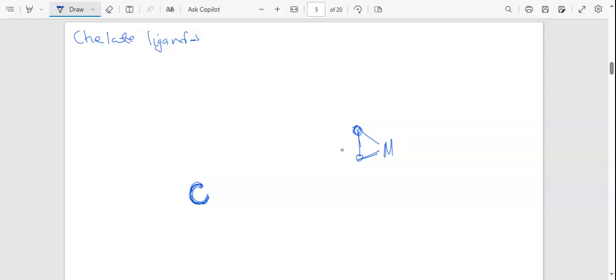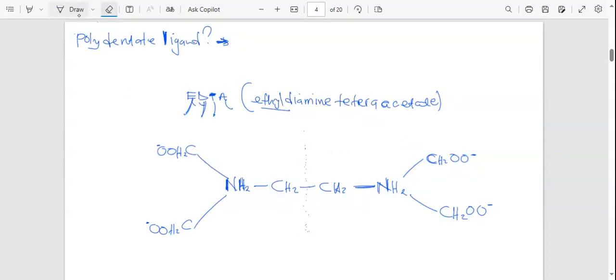Again, for polydentate, by the way, let me just take you back to the polydentate ligand. Here, these are the donor atoms. There are several of them. They all want to bind to the central metal atom. So we'll have 1, 2, 3, 4.